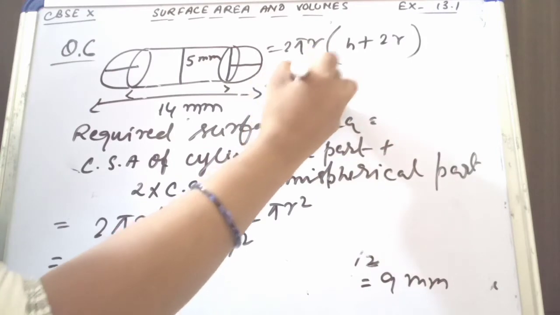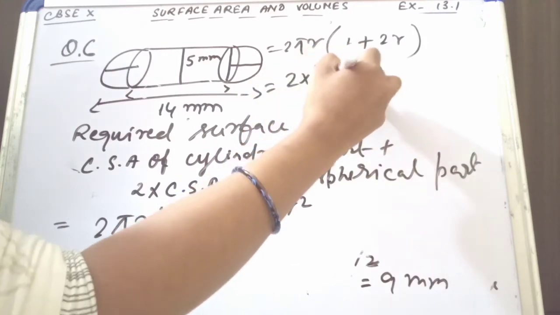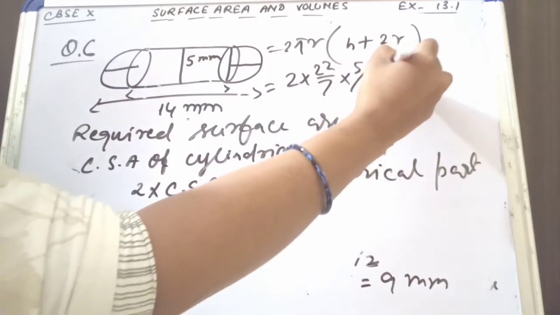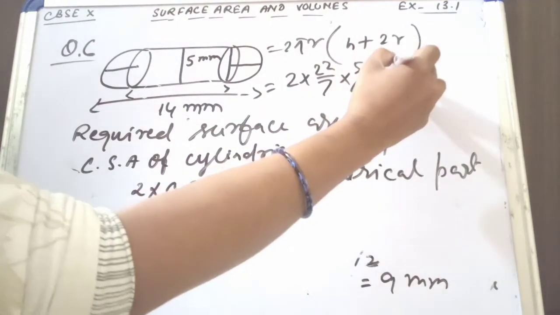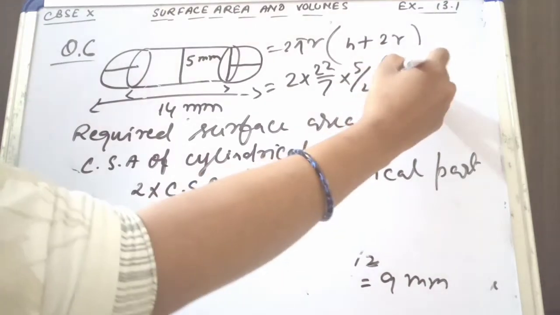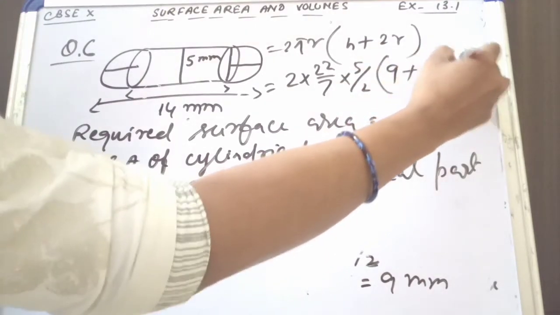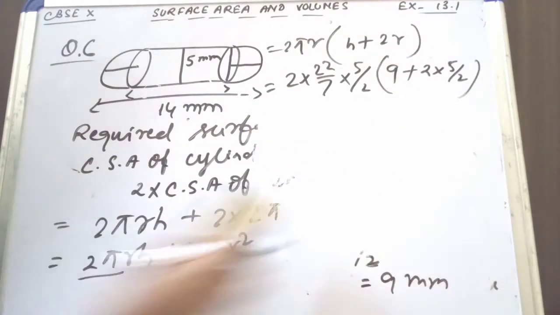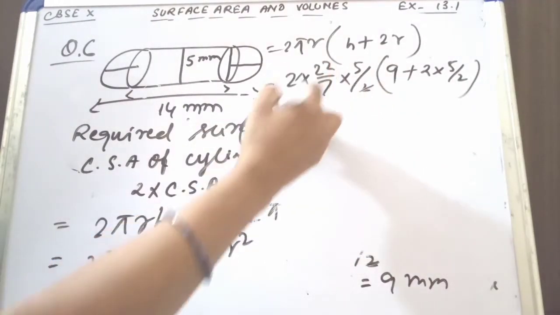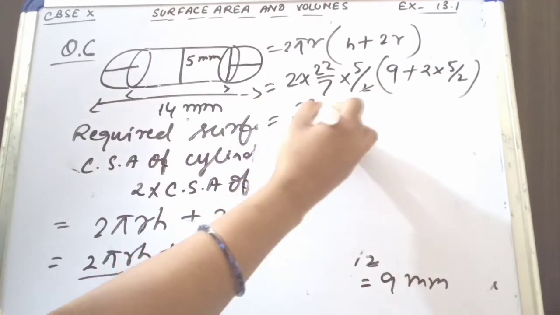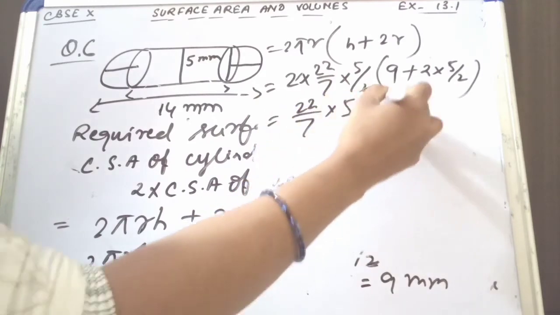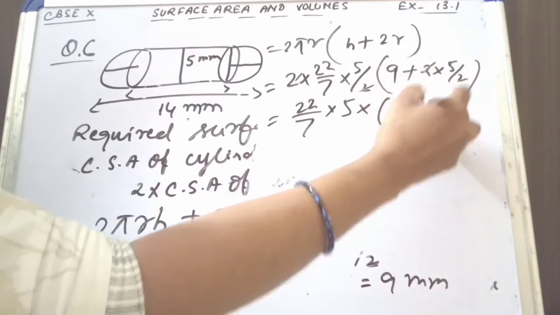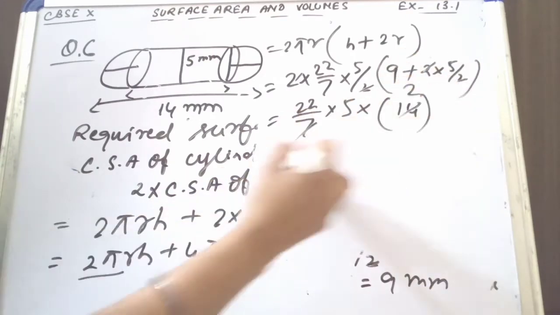Now put the value. 2 into 22 upon 7. R means 5 upon 2. H means 9, height of the cylinder, 9 plus 2 into 5 upon 2. Now calculate this value. 2 cancel out. 22 upon 7 into 5 into 2 cancel out. 9 plus 5, that means 14. 7 2s are 14.